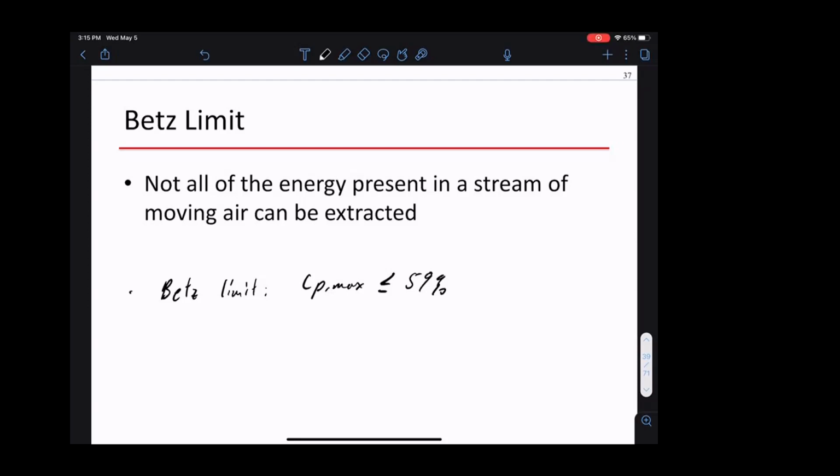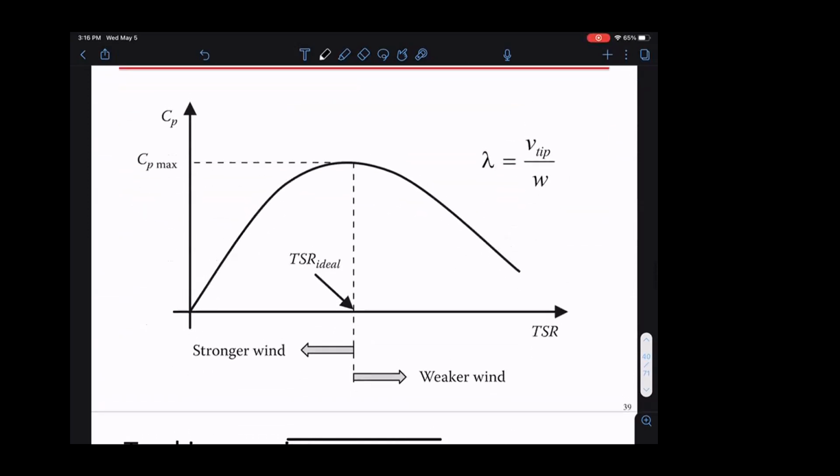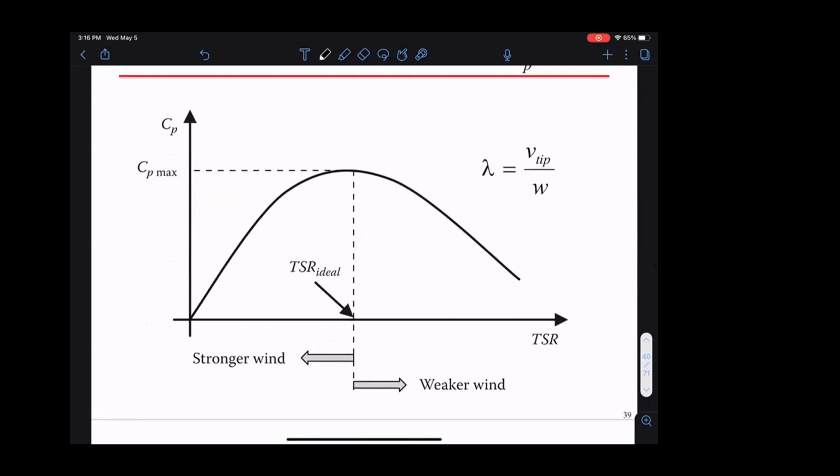So our goal is to track the maximum coefficient of performance, knowing that the maximum we get is less than 59%. Now let's suppose we want to track this. Even if you started operating at the ideal limit that gives you the maximum power, because the wind speed changes, you will move away from the ideal operating point. With stronger wind, your tip speed ratio, TSR, goes down.